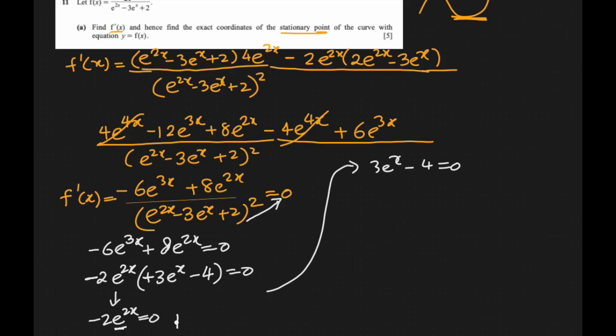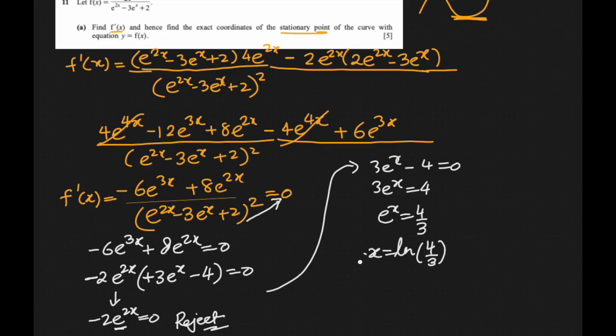So this answer is rejected. And that's why they say stationary point, that means only one answer should be there, which is this. 3 e to the power x is equal to 4, e to the power x is equal to 4 over 3, right? And x will be natural log 4 over 3.